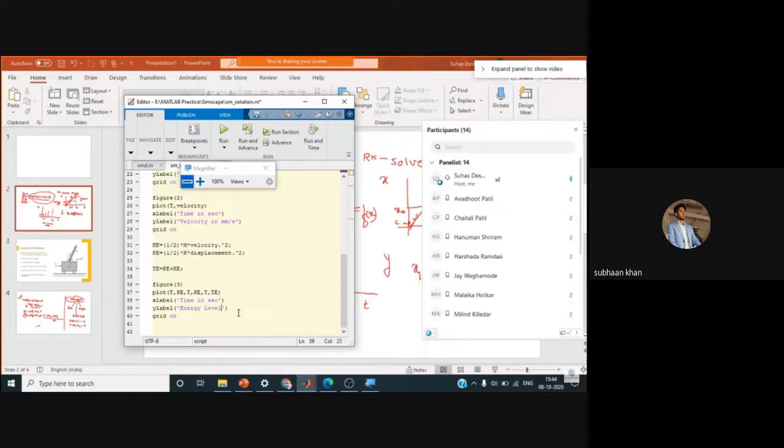Third, I'll put up a legend, because in a single graph I'm going to plot three plots. First is potential energy, second is kinetic energy, and third is total energy. So that way I can provide a legend for it.